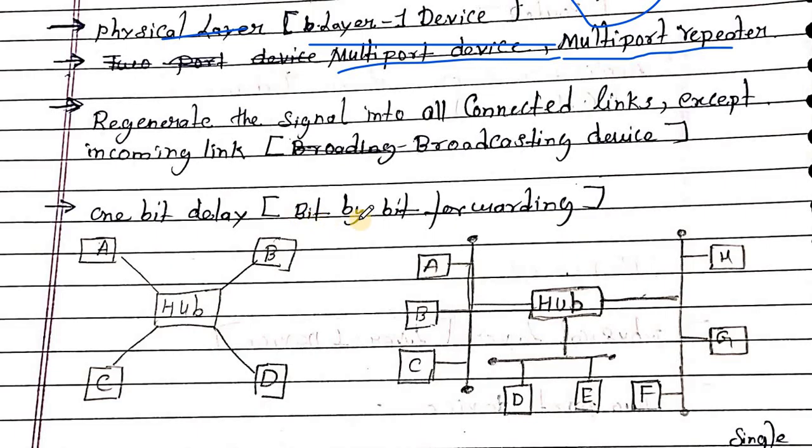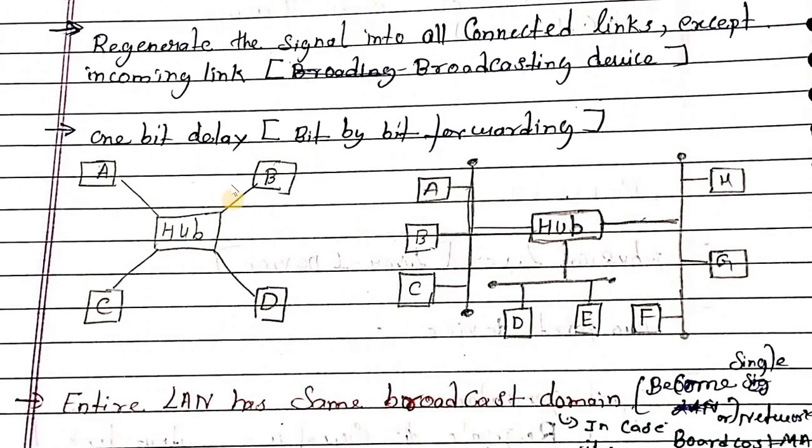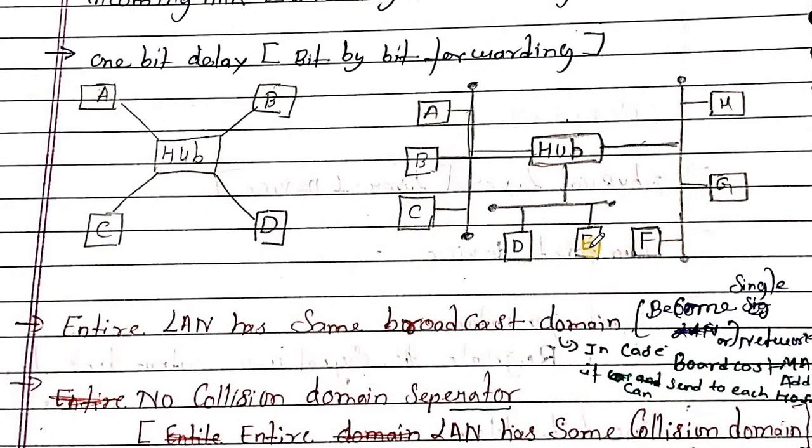Here is the example: we have a hub, and the hub is connected with 4 nodes or 4 hosts. The 4 hosts are connected with the help of the hub, so they can communicate across the network. Here is a hybrid network, where the hub is connected to network 1, network 2 and network 3. Hub is also used to connect 2 or more networks.